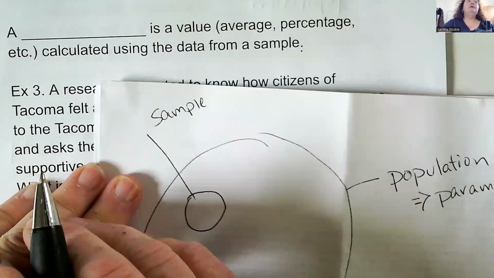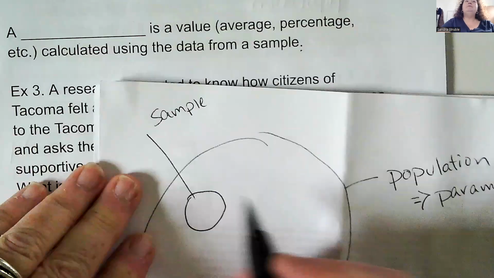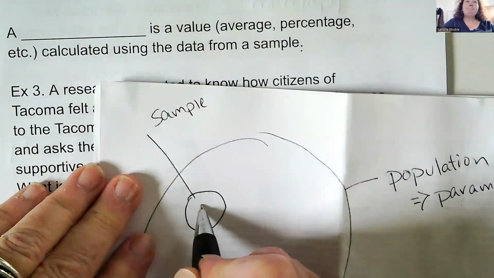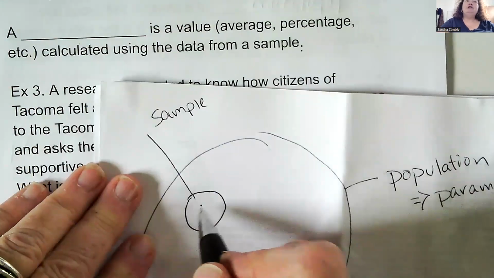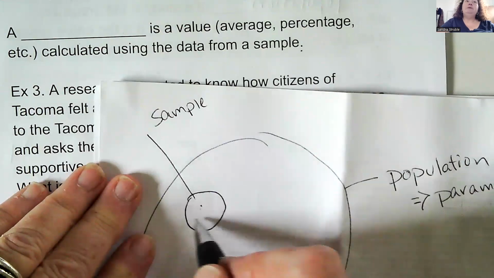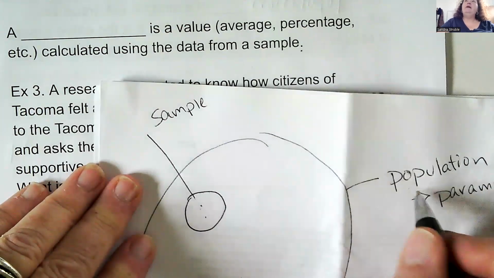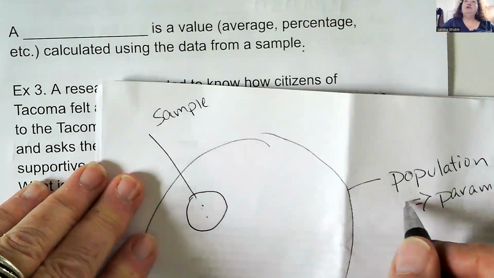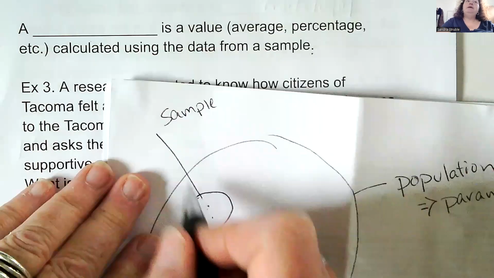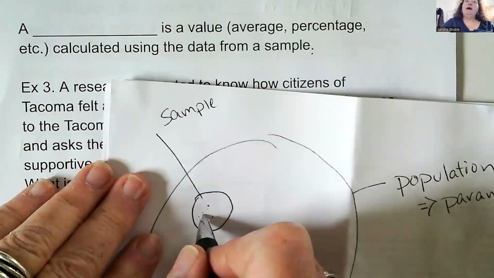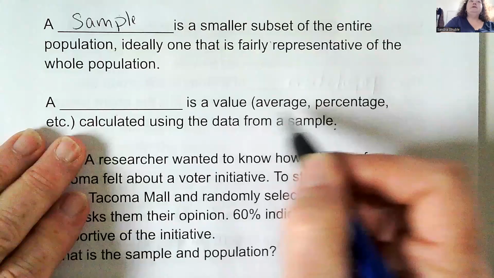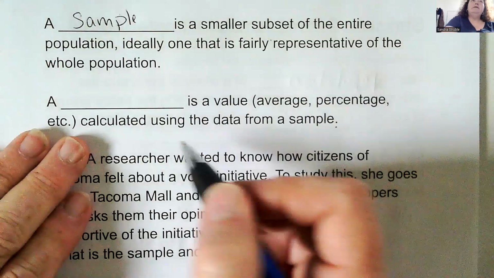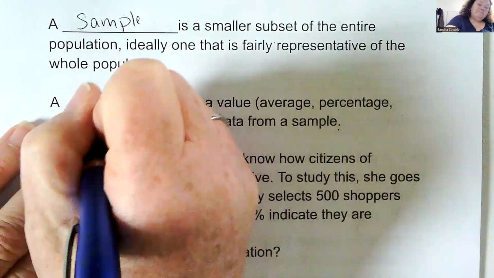So let's just say everyone who's taking a math class this semester, and that's going to be their sample. And they gather data just on those specific people. Maybe it's something they don't have in your registry. And the information they gain from everyone in the math classes, that value, you can find the average, the percentage, etc., using that data, and that's called a statistic.